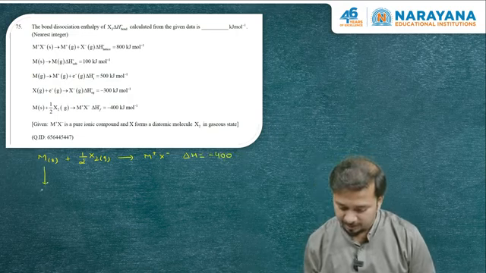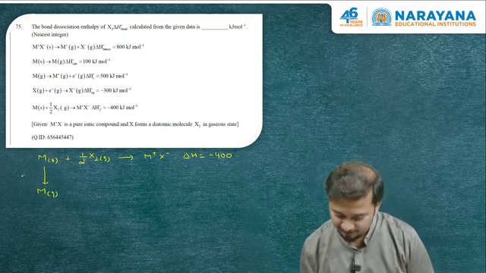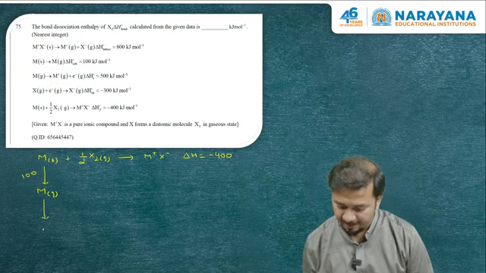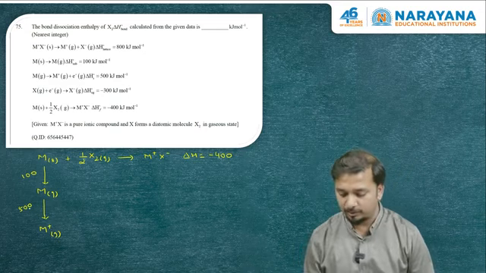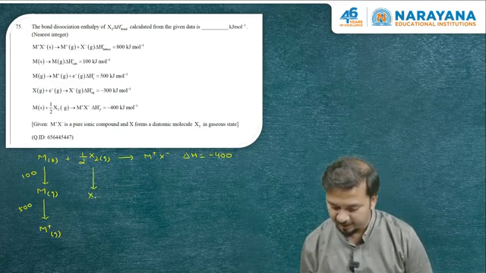Now M solid is becoming M gas. For this they have given 100 kilojoule per mole energy is required. M gas is becoming M plus gas, and for this they have given 500 kilojoule per mole energy is required. Now half X2 is becoming X gas.